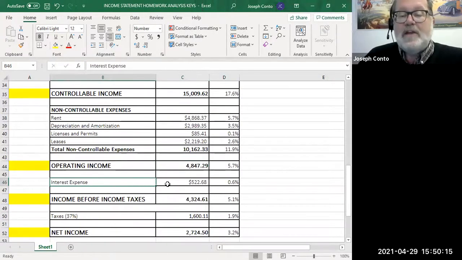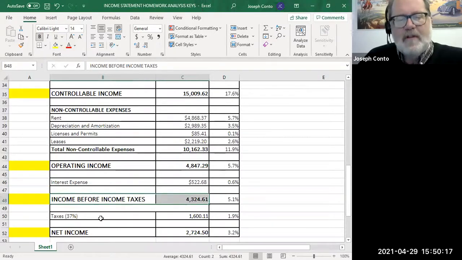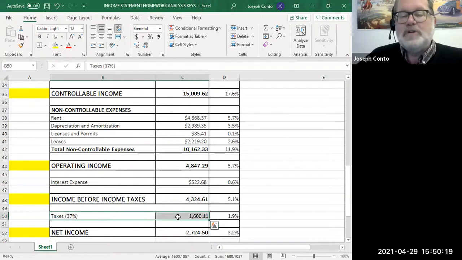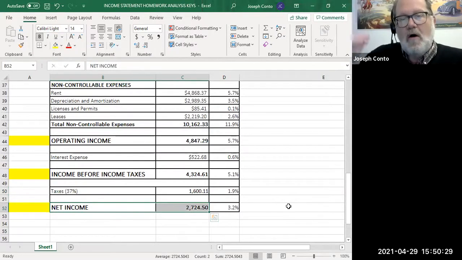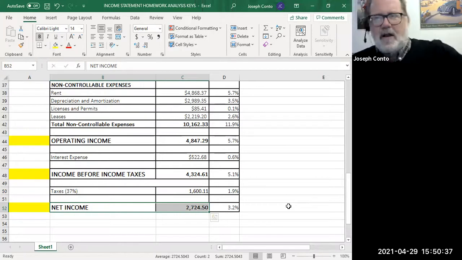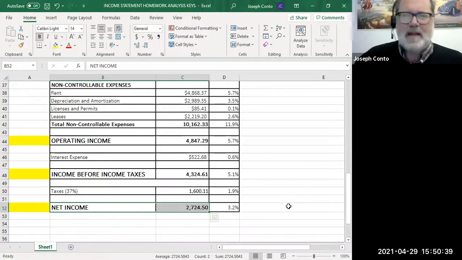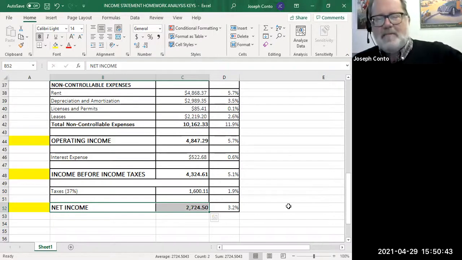And then I take out my interest expense. How much do I have left now? I take out my taxes, which is in this case, you can see it's a percent of my income before taxes. How much do I have now? And that's my net income after all my revenue has been utilized to pay for the food that I had to buy and the beverage I had to buy, for the labor, for all these other non-controllable expenses and my controllable expenses, my interest expense, and I paid my taxes.